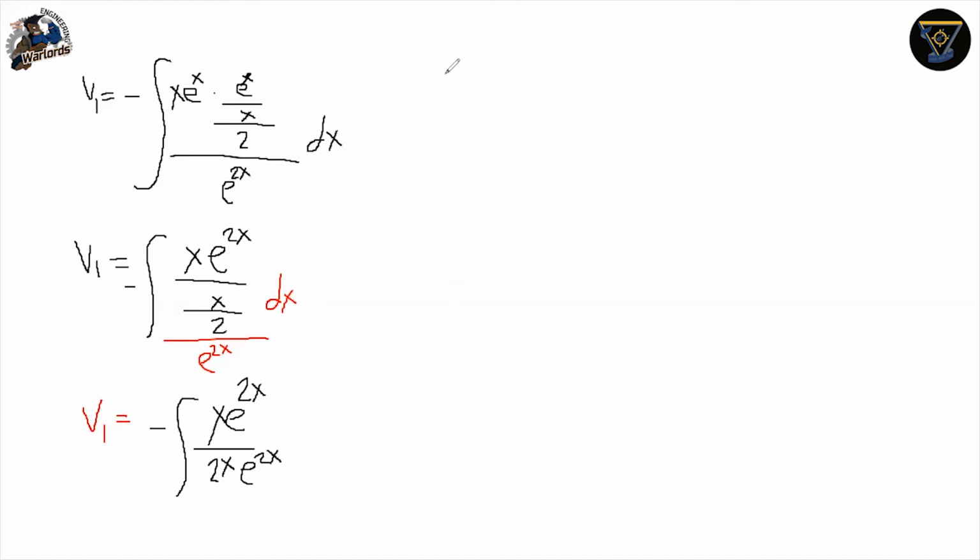So what we need to do now is cancel again. This e to the 2x cancels and this cancels. This x cancels and this x cancels. So what we're left with now is this. V1 is equals to minus integral of a half with respect to dx.